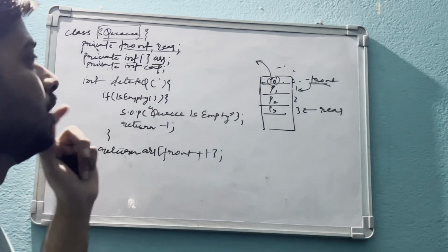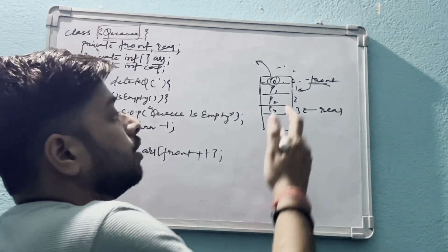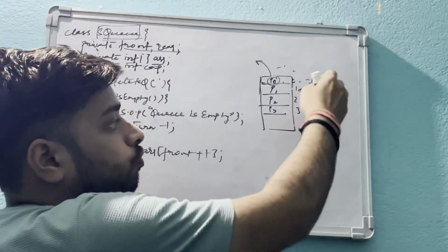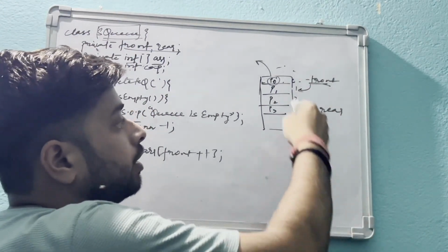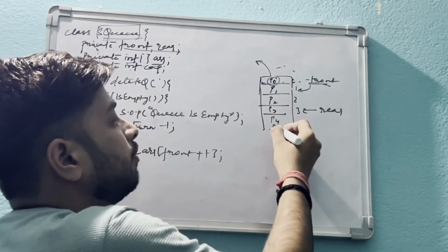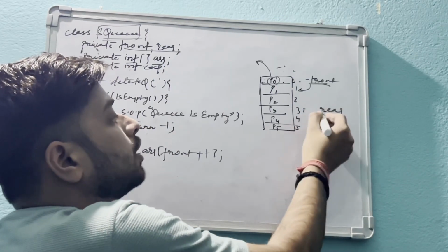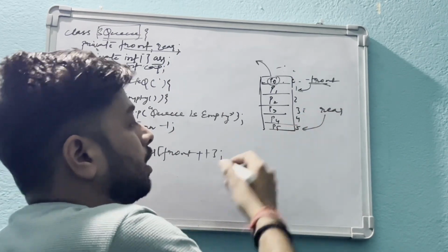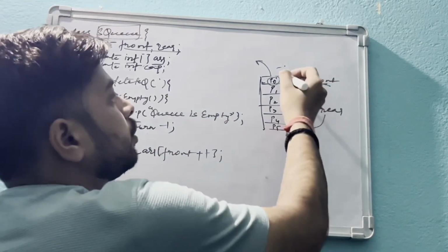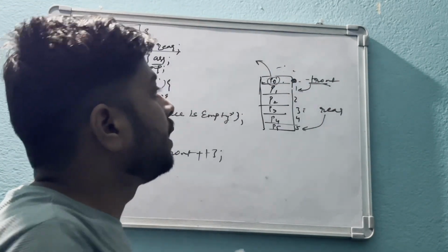Now, one more thing you might be thinking is that we'll keep on inserting elements to the queue. Let's say I have inserted P4 and P5 as well, and now our queue is full, and rear is pointing to this index, and front is pointing to this index. This 0th index is empty.